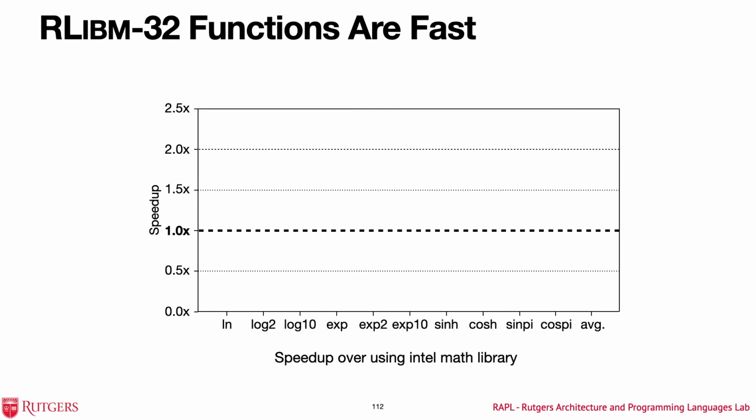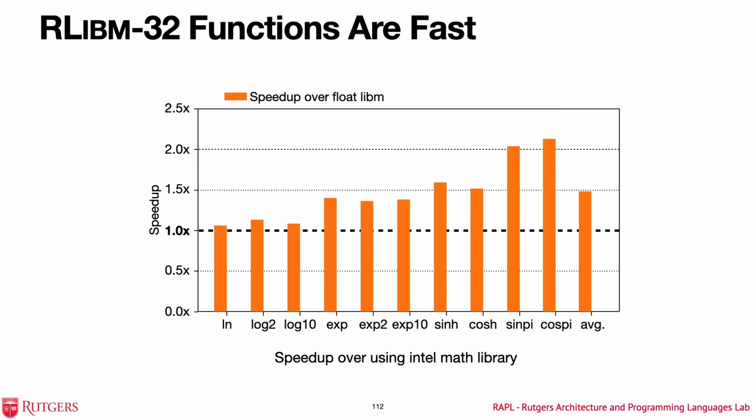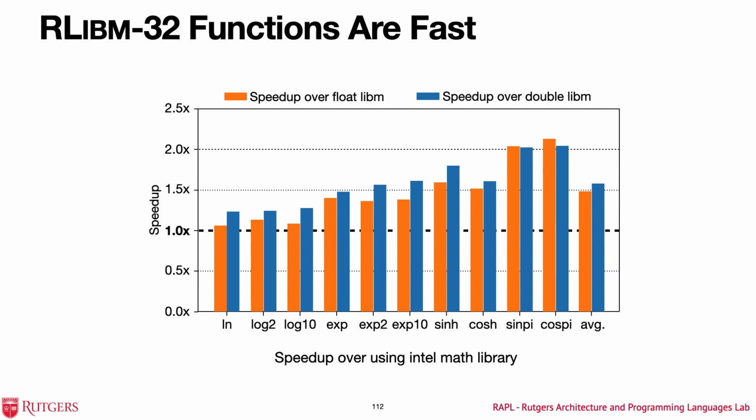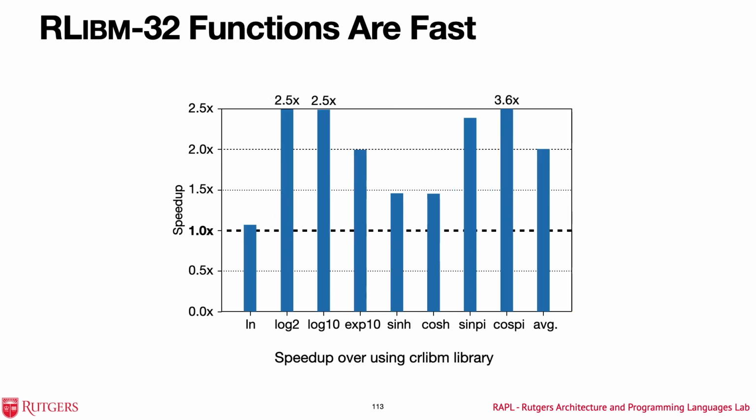Compared to the Intel math library, RLibm32 float functions have an average of 1.5x speedup over Intel's float math library and 1.6x speedup over Intel's double math library. In our experiments, we found out that the Intel math library is more accurate than the glibc math library, so RLibm32 has higher speedup over the Intel math library.